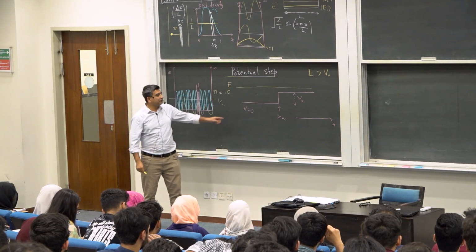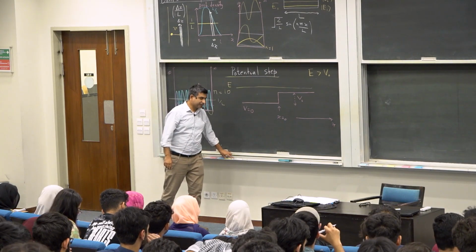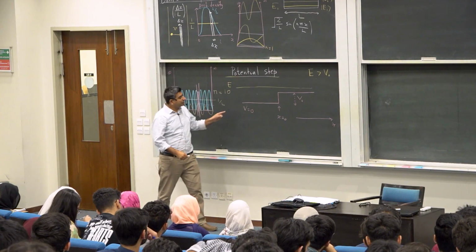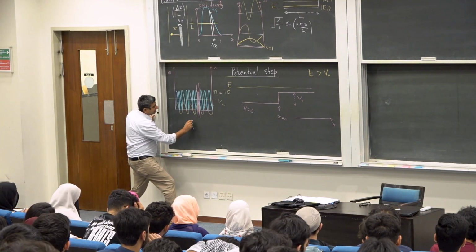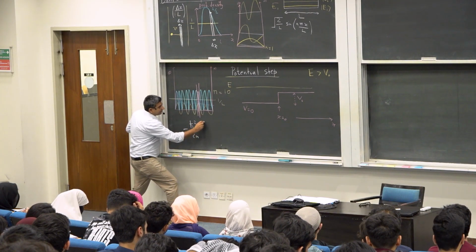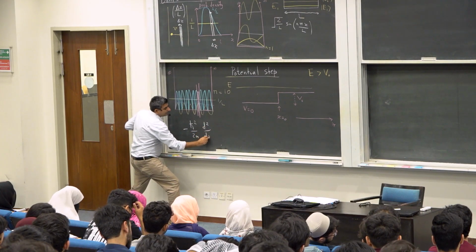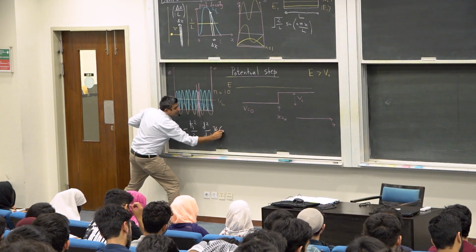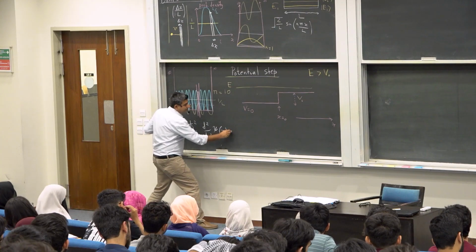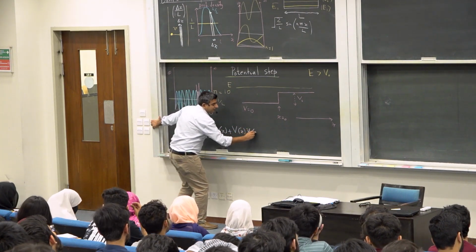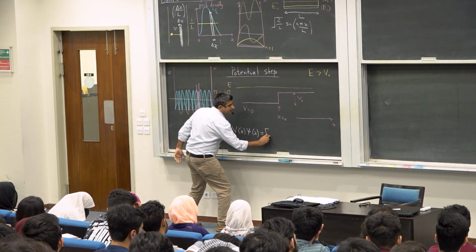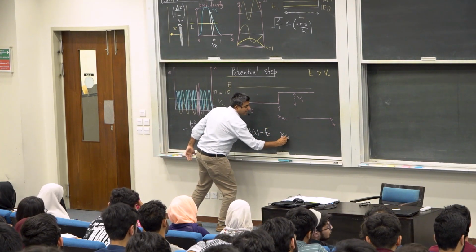Now we know how to solve the time independent Schrodinger equation. This is the time independent Schrodinger equation: minus h bar squared over 2m, times the double derivative of the wave function, plus the potential energy times the wave function, equals the energy times the wave function.